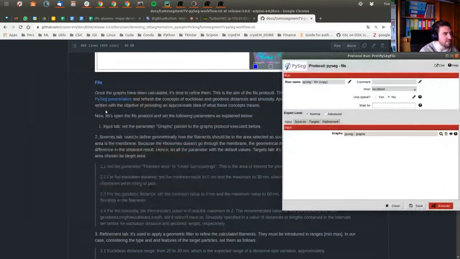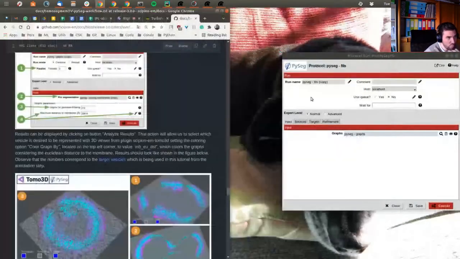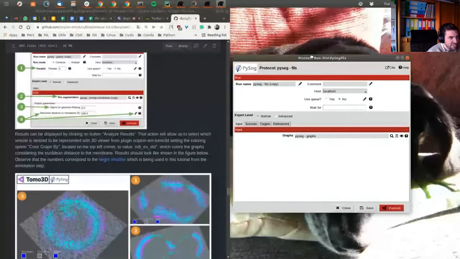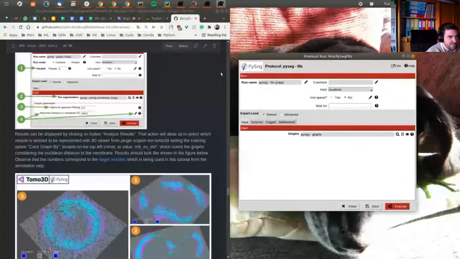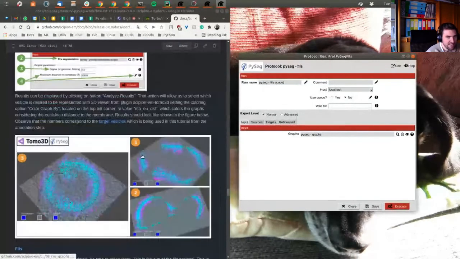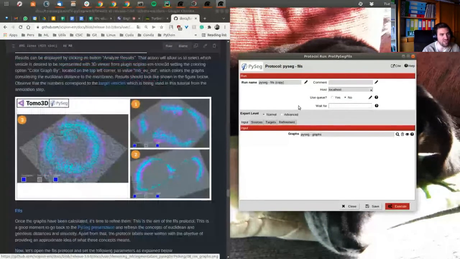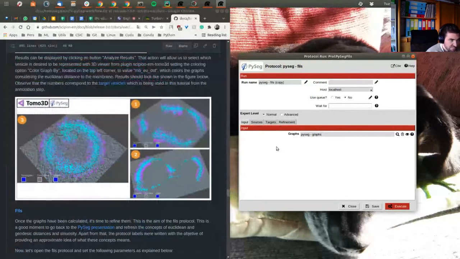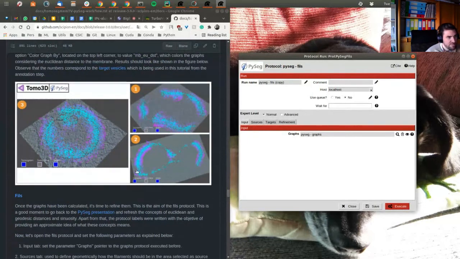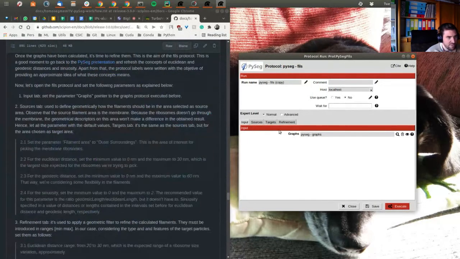Cool. So when the graphs are finished, we are going to refine them to get the filaments. Let's discuss the parameters we are going to introduce once it's finished. And as we can observe, we have 4 tabs here. The input is very easy to do because it is only the result of the graphs.